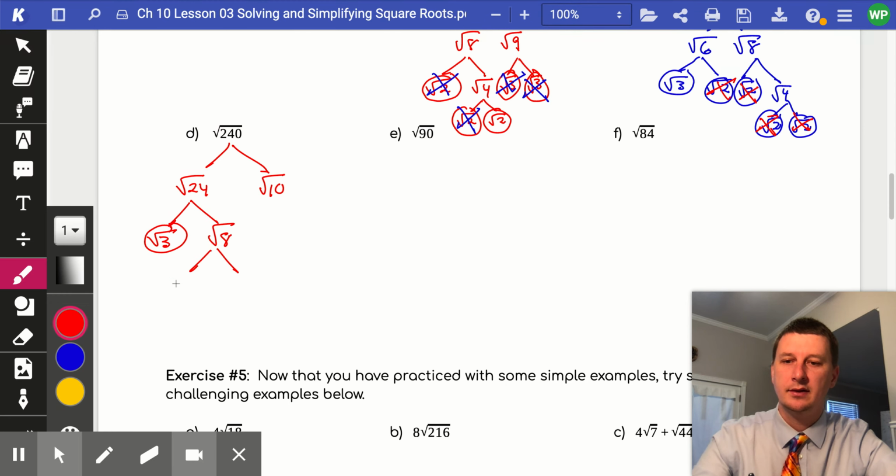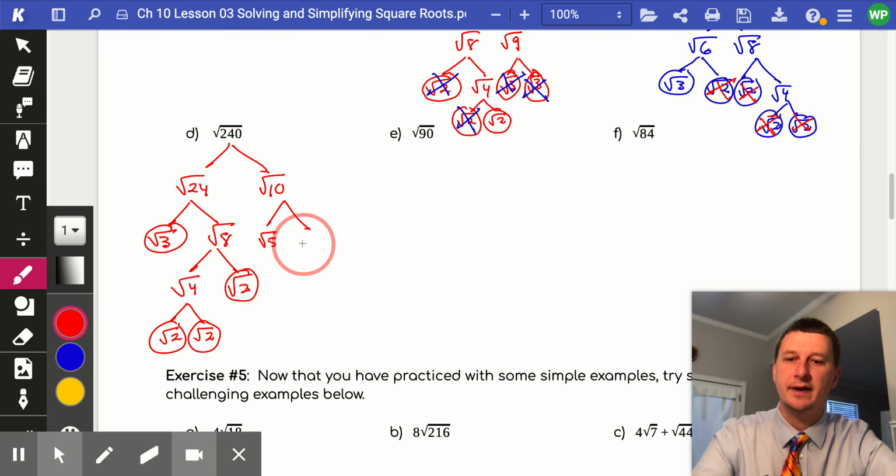And then 8 will give me 4 and 2. 2 is prime, but 4 can be simplified to 2 times 2, and those are both prime. Circle both of those. And then finally, I can't forget about this 10 up here. 10 is the square root of 5 times the square root of 2.